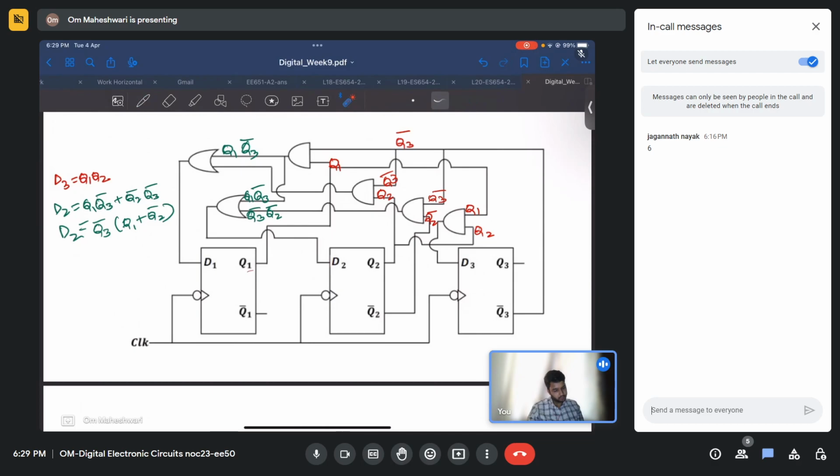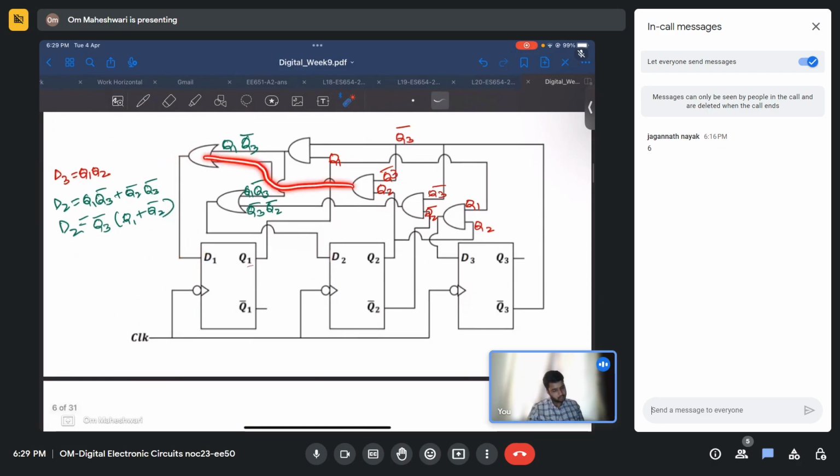Now what is D1? These inputs are here. So D1 is Q1 Q3 bar plus Q3 bar Q2, right? That is Q3 bar times (Q1 plus Q2).